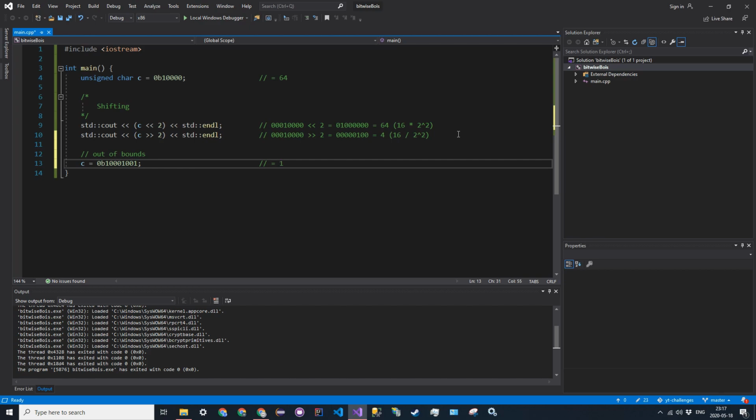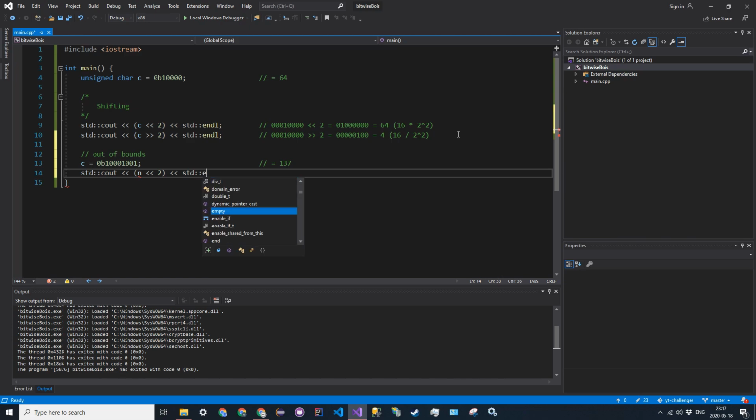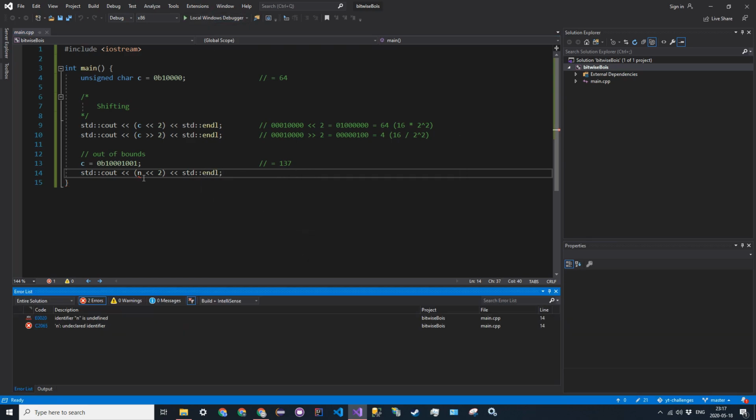So this is equal to 137. And let's go ahead and say std::cout, and let's go n left shift by 2. Let's see what we get. Oh, not n, sorry, c.